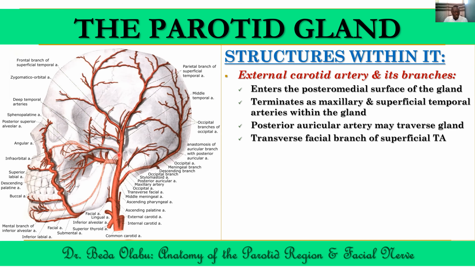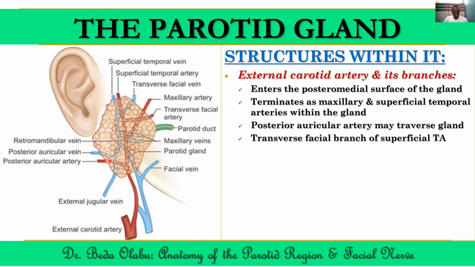For example, we have the transverse facial artery, which is a branch of the superficial temporal artery, this one. And we can see that that one usually also is found within the gland. Some branches of the maxillary artery may also be given within the gland. Okay, so that is with regard to the artery.